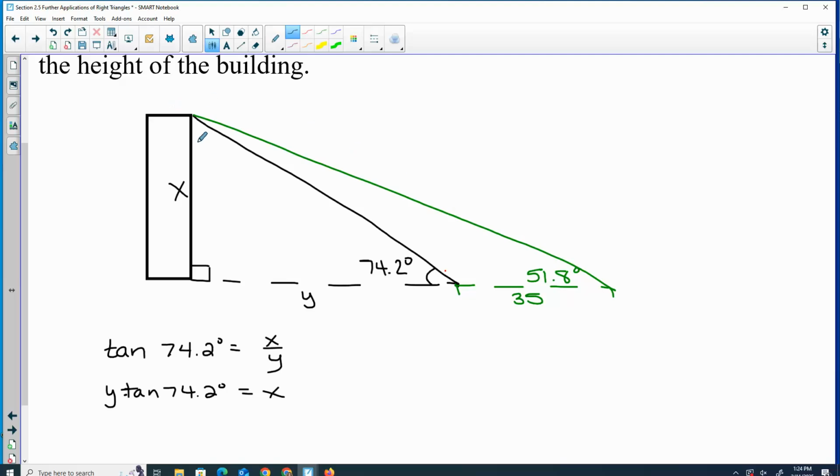If we look at the whole triangle, this is 51.8, so if I set up my tangent from there, my opposite side is x. What's the adjacent side of that big triangle? Remember, we did a couple problems like this at the end of the last section. You didn't have any on your homework, but we did some like it as class examples.